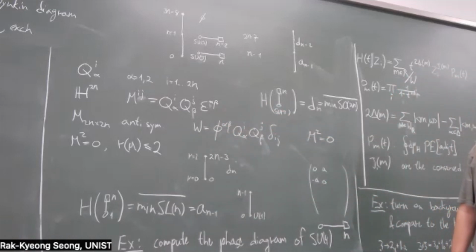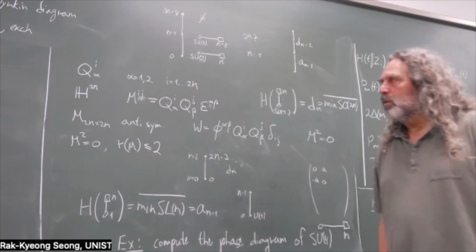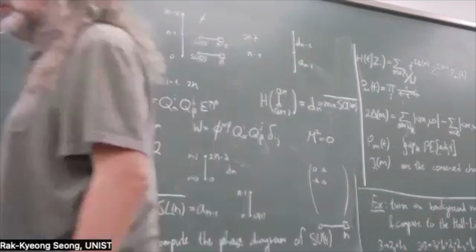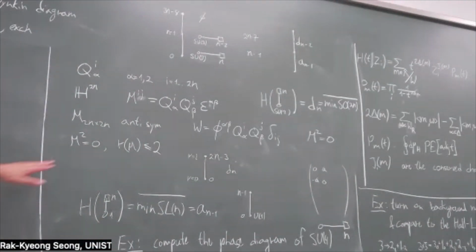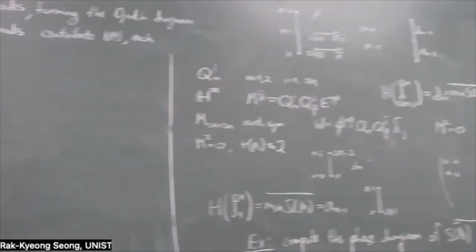Set of antisymmetric matrices of dimension 2n, which satisfy the conditions that the square is 0 and the rank is at most 2. Any questions?